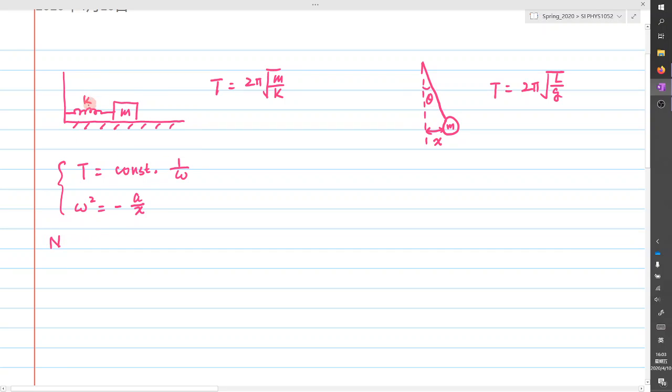So for the mass spring system, we started with Newton's second law. Hopefully it's very easy by now. F equals ma. m times a equals negative kx. This is Hooke's law.